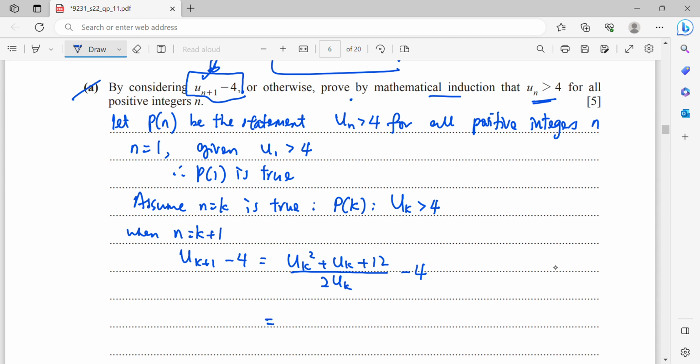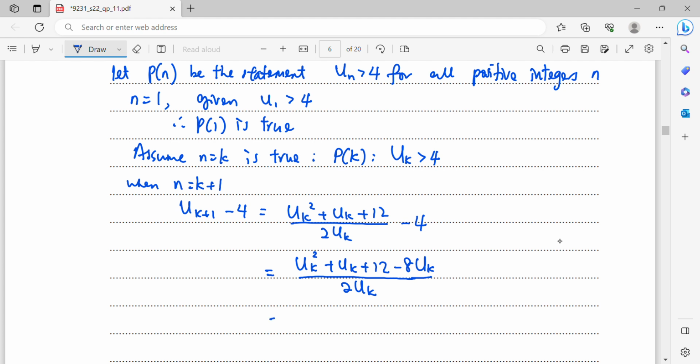So now get the same denominator, 2uk in the denominator. The numerator will be uk squared plus uk plus 12 minus 4 times 2uk, which is 8uk. Now simplify the numerator.